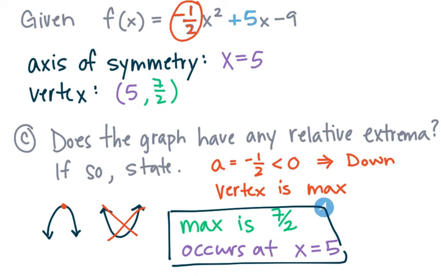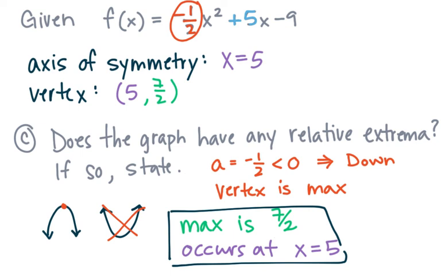So this last piece wasn't really new information. It was a little bit of review, and we're synthesizing that together with the vertex. The main thing we know is that the vertex is always going to represent a relative max or a relative min for any quadratic function. And that's going to be a hint for us, especially when we move forward and we have application problems.